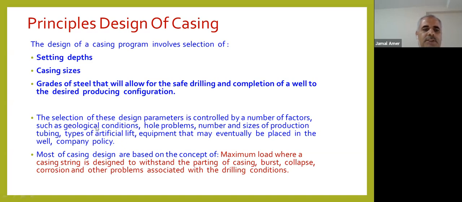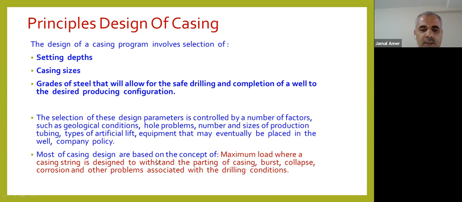As I told, the selection of these design parameters is controlled by a number of factors, such as geological conditions, hole problems, number and sizes of production tubing, type of artificial lifts, equipment that may eventually be placed in the well. Also, another important factor, company policy.